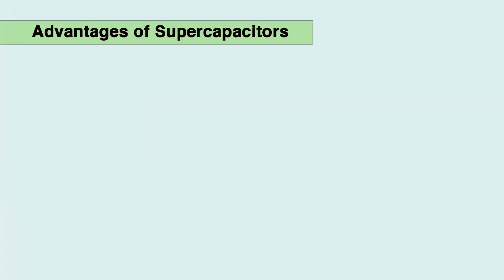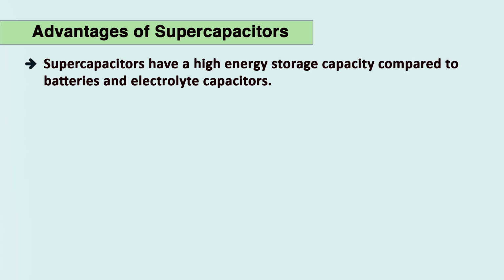So let us understand what the different merits associated with supercapacitors are. Supercapacitors have high energy storage capacity compared to batteries and conventional electrolytic capacitors. This property makes them a suitable choice in EV applications and other applications like renewable applications as well.